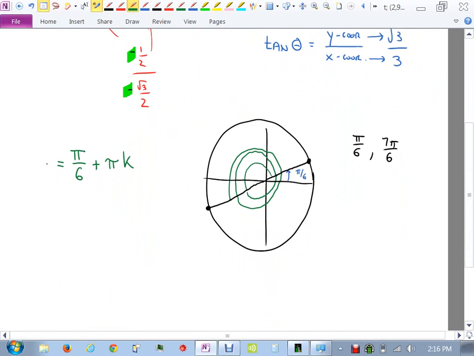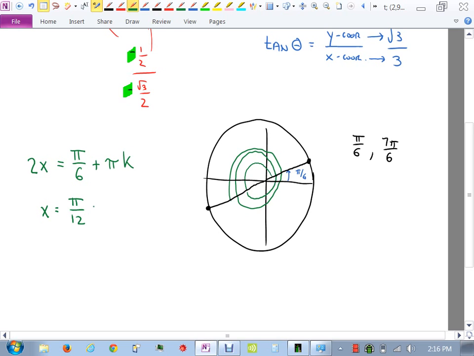So I'm going to come down here and say that my 2x has to be equal to that. Now, it's critical that you see that this covers everything because of the half rotations, you're picking up both of those points every single time. So as I add a k, I just keep going around half, half, half, half, and I get all possible combinations. Okay. Now what we'll do, we'll divide through by 2 again.